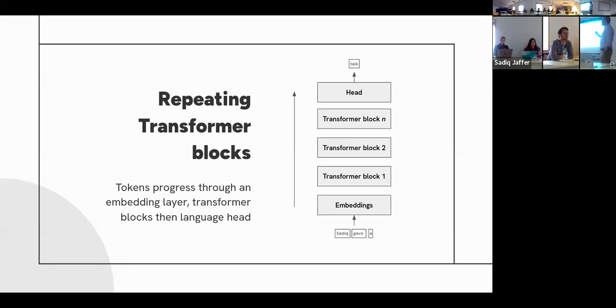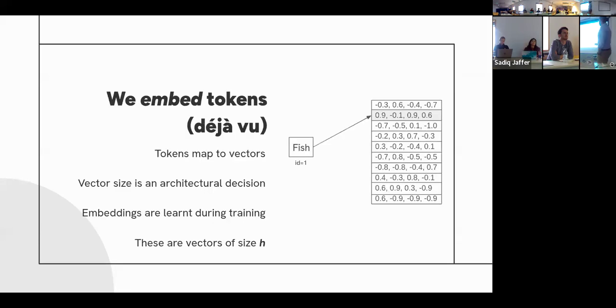At training time, you can backpropagate the error from that, or at inference time, you can pick the next token based on it. So that's the basic structure. And again, we're embedding tokens. This is very similar to what we did in the neural language models. So we take our token, we look up our vector in the embedding matrix, and these vectors are size h.